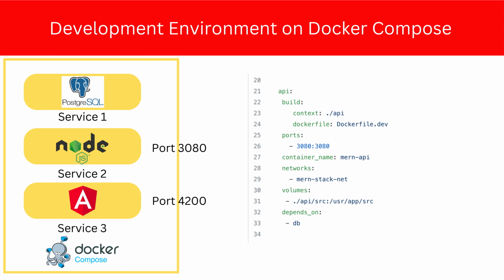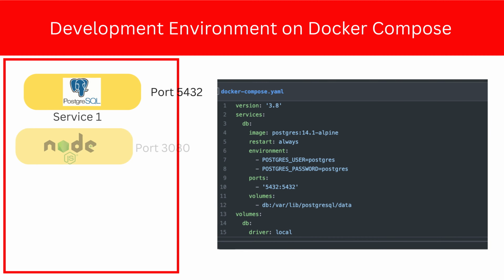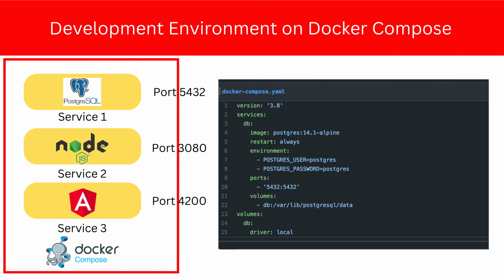And let's look at the DB service. You can notice there is a distinction here: we are pulling the image. We are not building the Docker image from a Dockerfile; we are pulling the image from Docker Hub. The image name is Postgres 14.